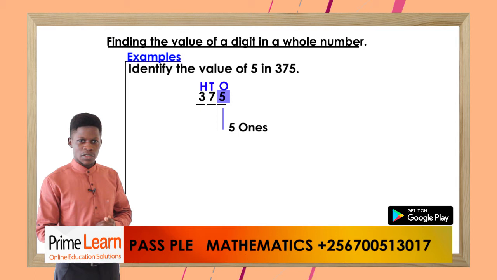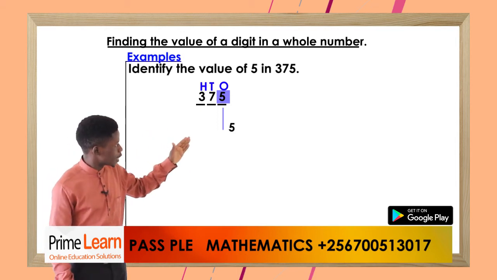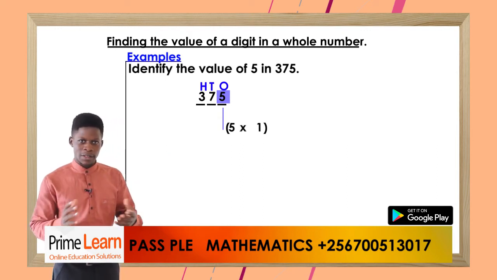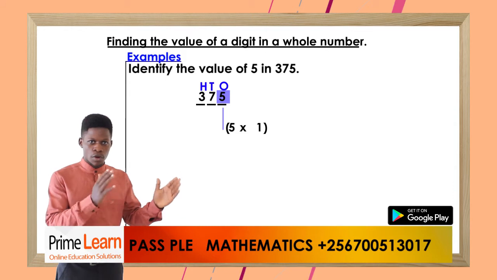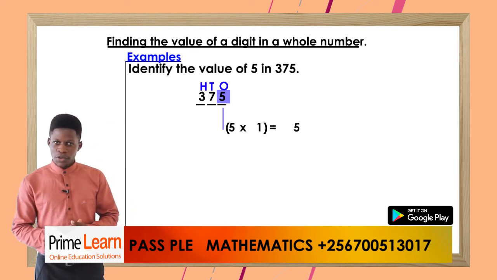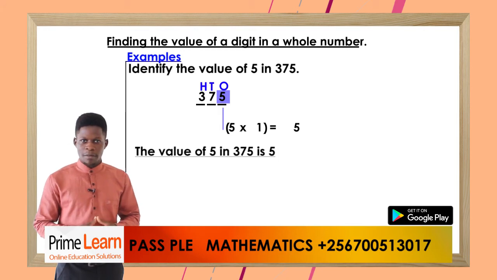And then that means we are going to say 5 times 1 to mean 5 ones, or you can say 5 groups of ones. And when you multiply 5 times 1, we are going to get 5 as our answer. Therefore, the value of 5 in this number is going to be 5.